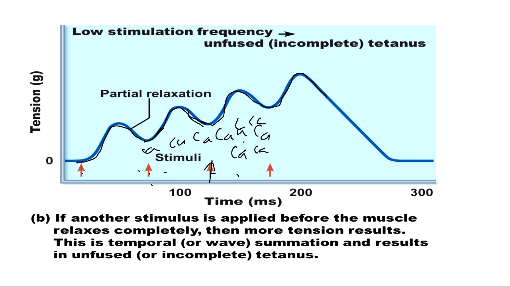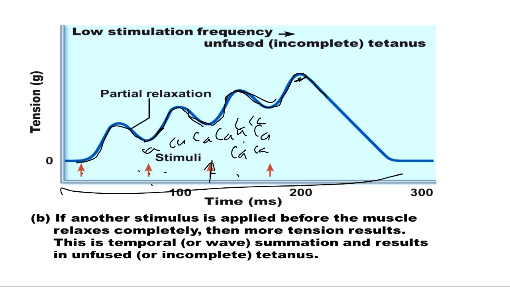So when you're trying to lift something heavy and it's not working for you, you stimulate with a stronger contraction, and then stronger and stronger until you get maximum contraction so that you can lift that heavy thing. This is what you're doing. You're going through these incomplete tetany events.